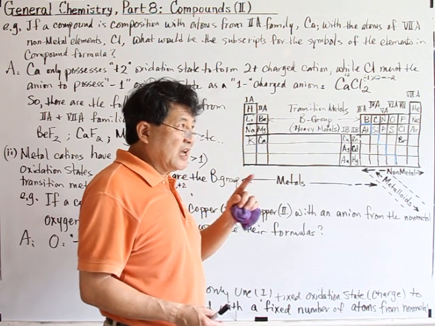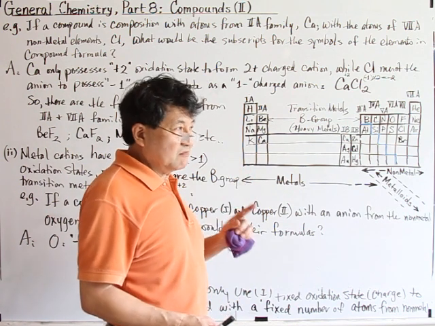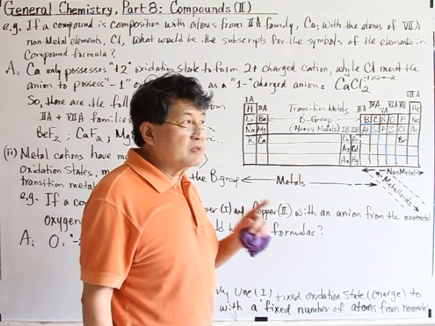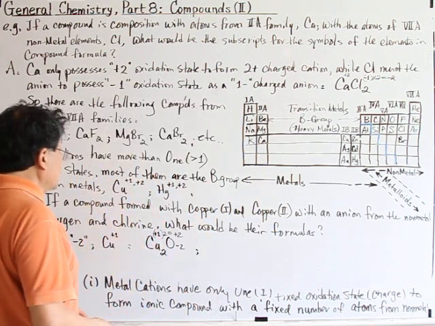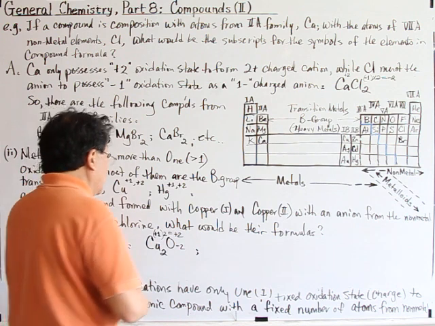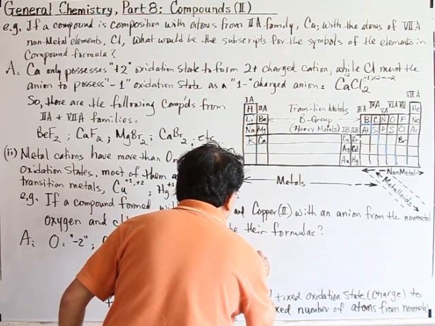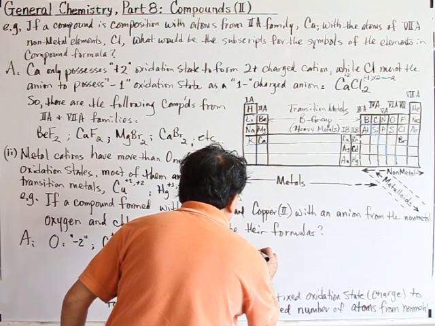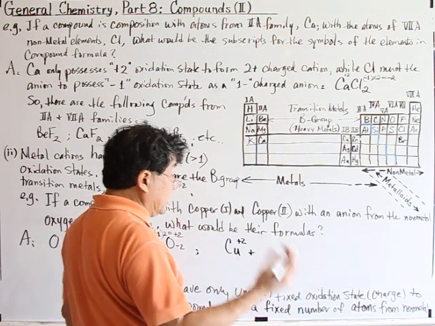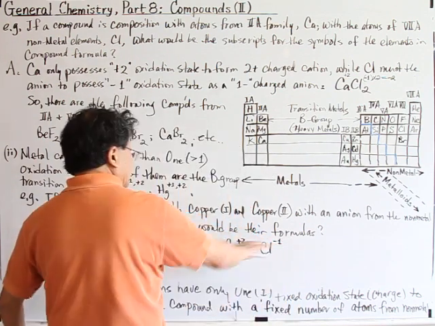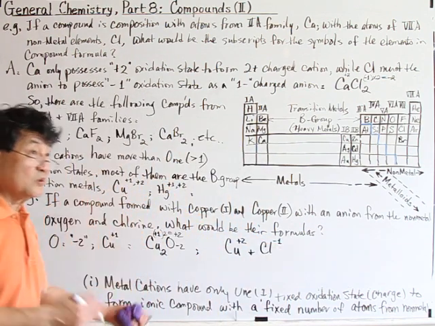One is a positive charge, cation, as positive 7, which happens, I'm going to show you. And then another one is minus 1. So in the second case, copper is plus 2, and chlorine has to be negative 1.